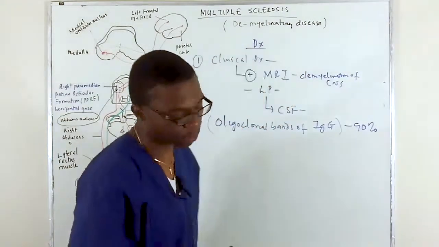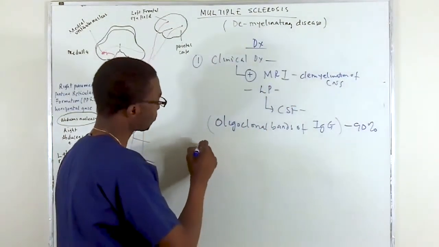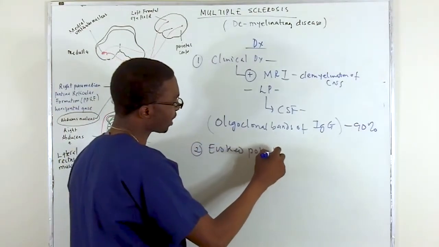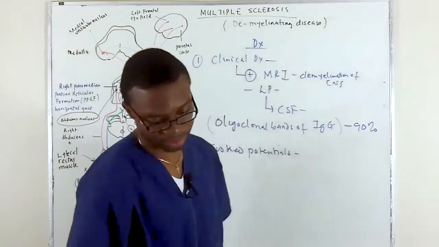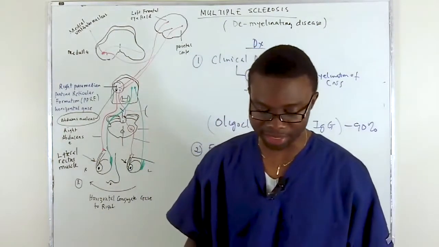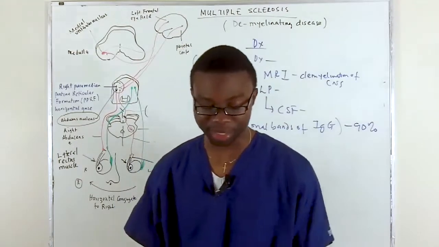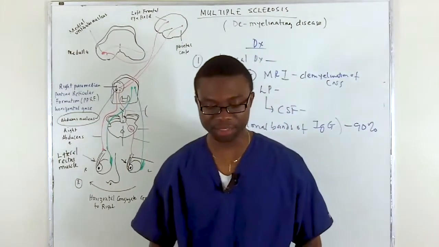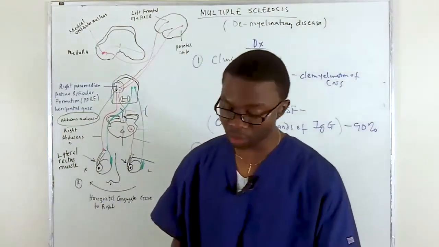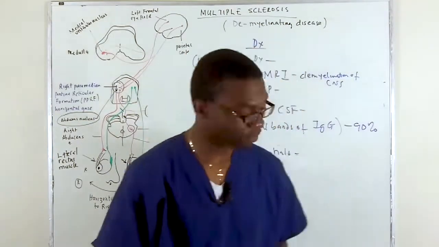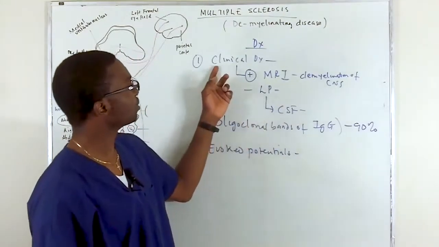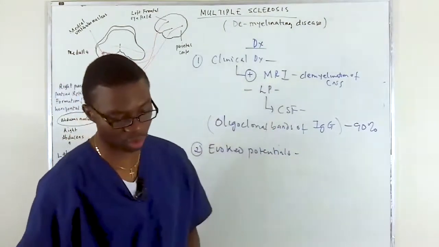If they see abnormal evoked potentials, that is basically telling you that you have some demyelinated area inside the nerves inside the brain. All right. So how do we treat these patients, right? Aside from checking for evoked potentials, looking for demyelination using MRI, and also using oligoclonal bands.